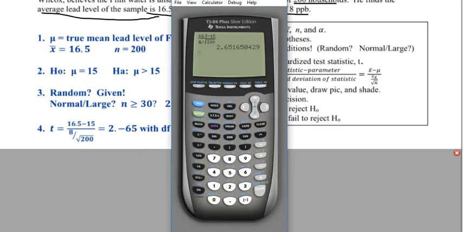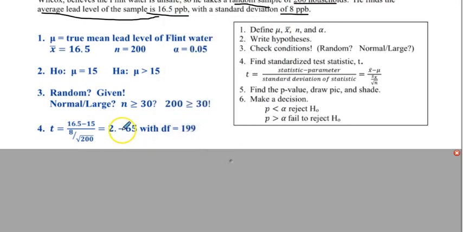Whoops. Little typo there. This should not be here. It should just be 2.65. With degrees of freedom of 199. Remember, we can use 199 because we're using the calculator.